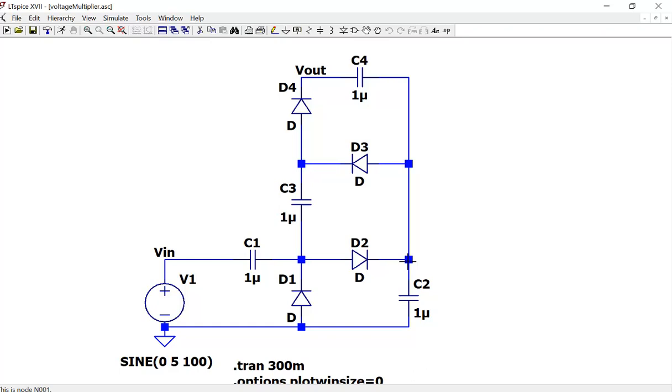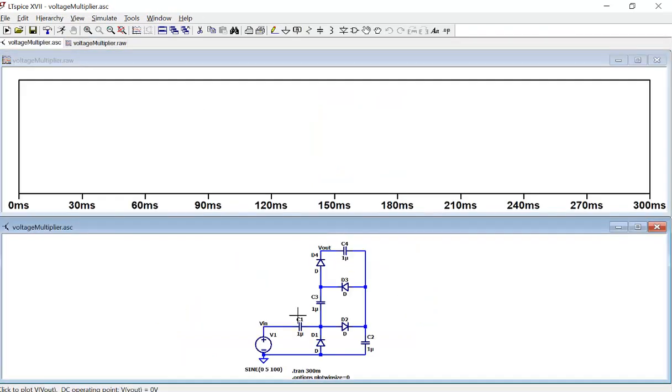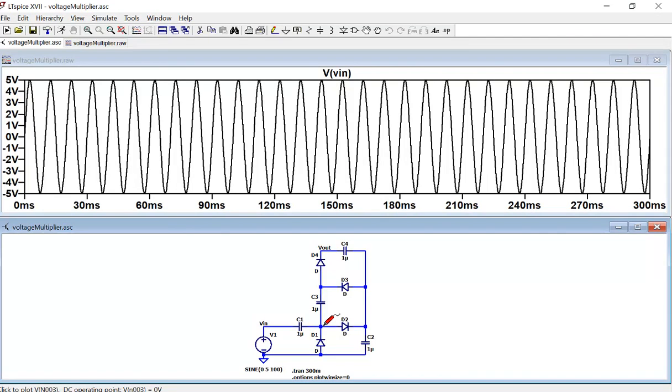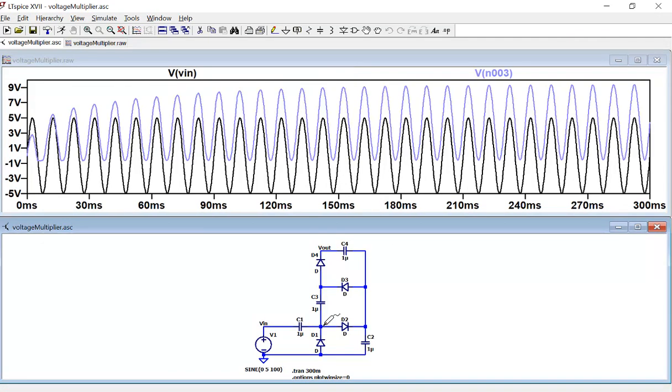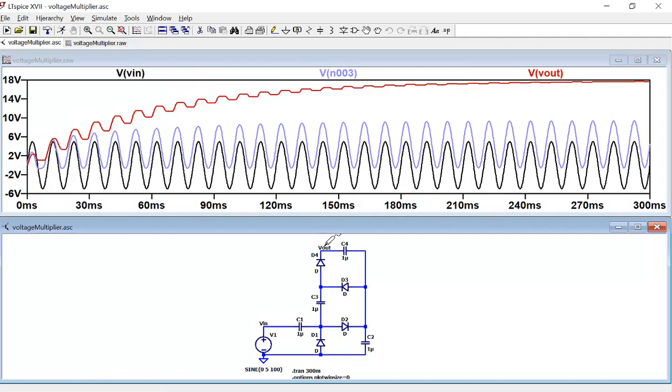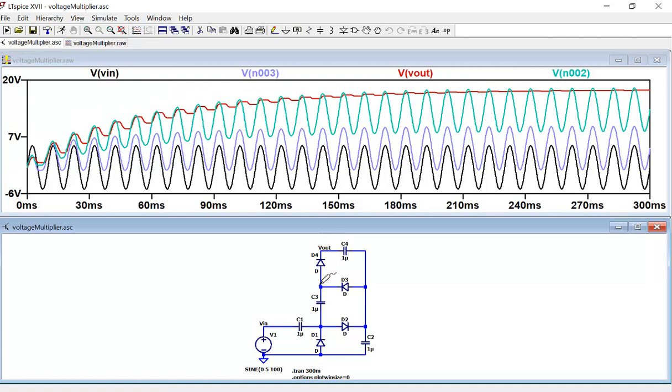So you have a higher DC baseline and a higher AC, so you can further increase the output. So V in, here's the first shifted signal, and here's the second shifted signal, and the right one will be the final DC output. Does that make sense?